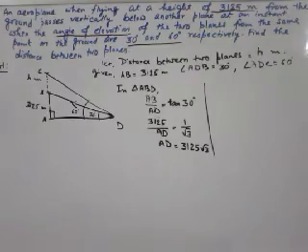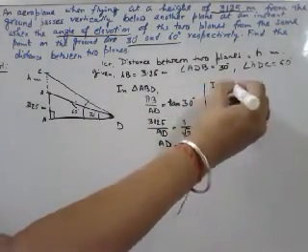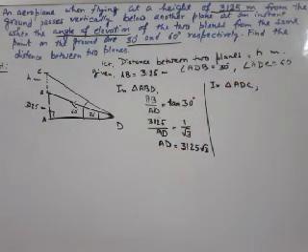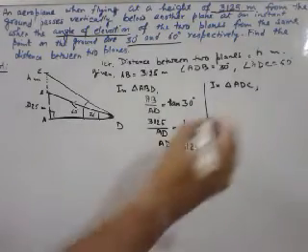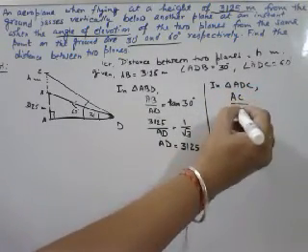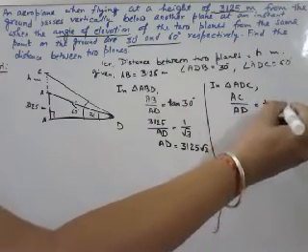Now from triangle ADC, AC is the perpendicular with respect to angle 60 degree, and AD is the base, so perpendicular by base is tan 60.